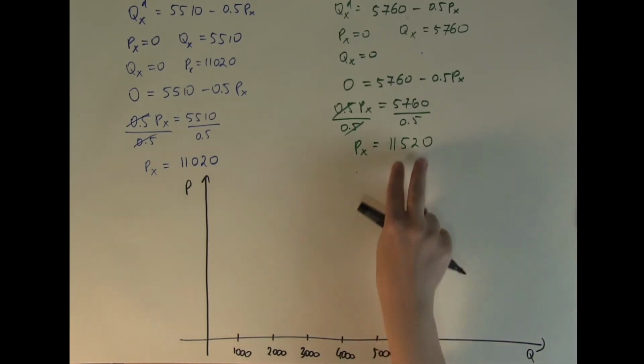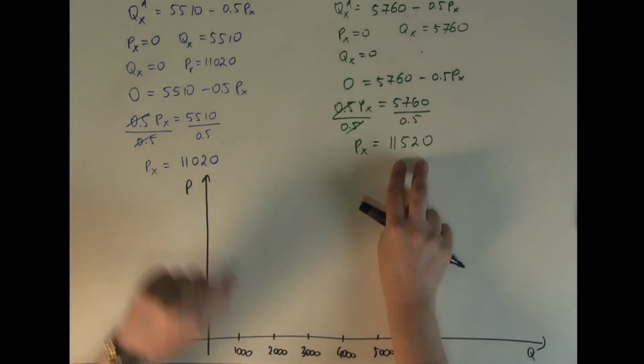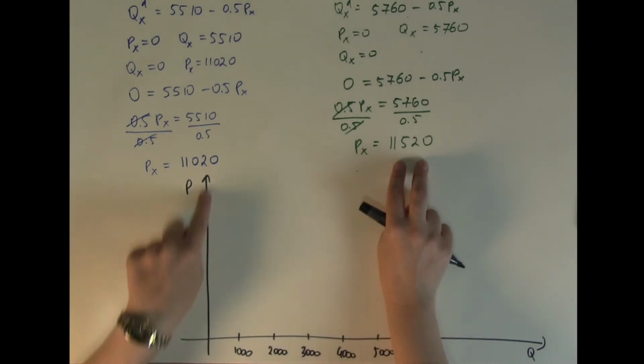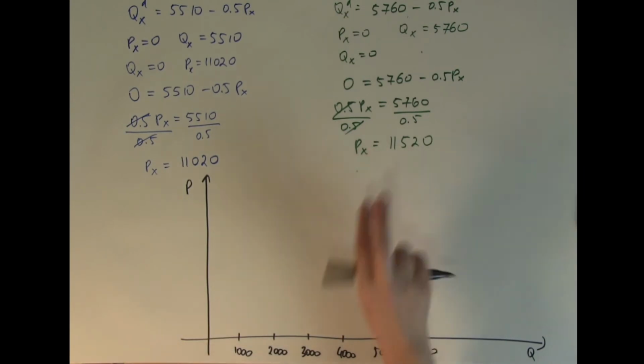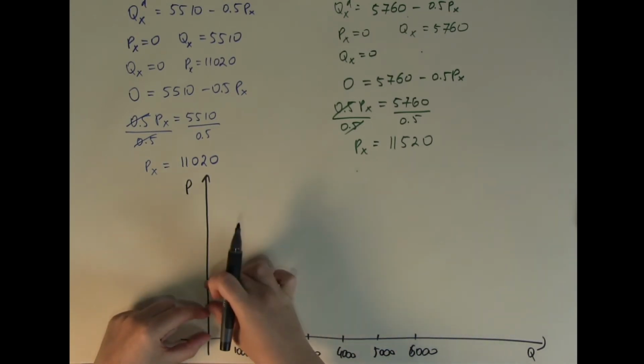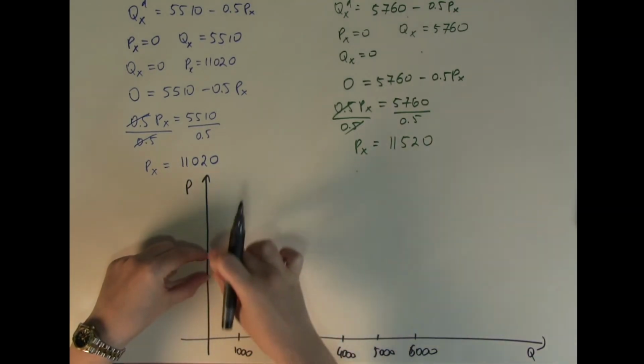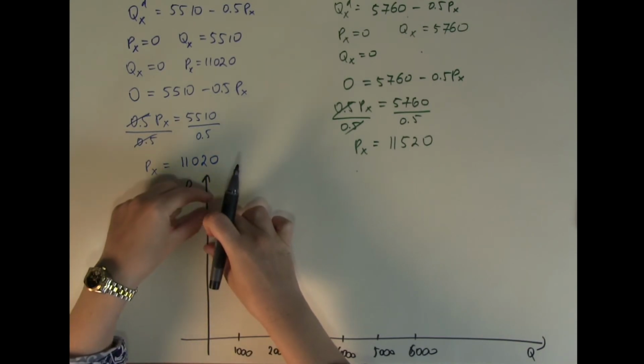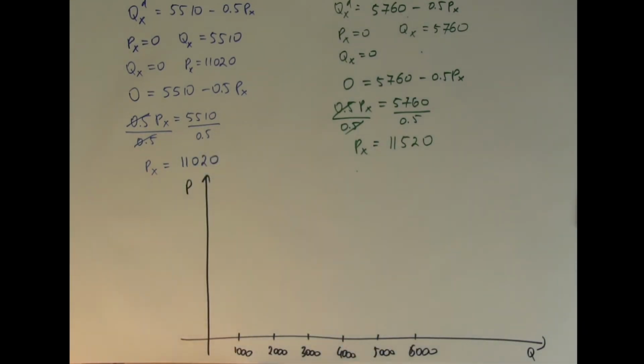Okay? But in P, if I go up in thousands, that's not going to be enough because I've got smaller space in here. So maybe if I go up in 2,000, that could be good. So 2, 4, 6, 8, 10, 12. That's still quite a bit tight.